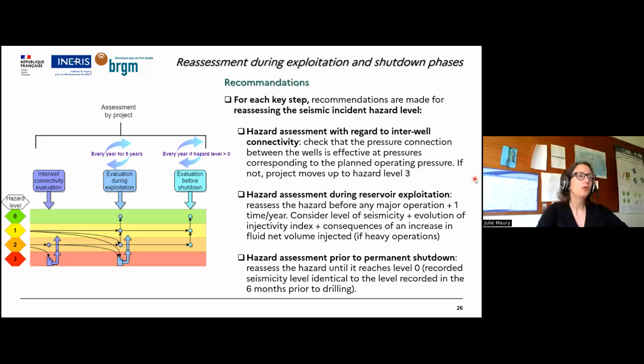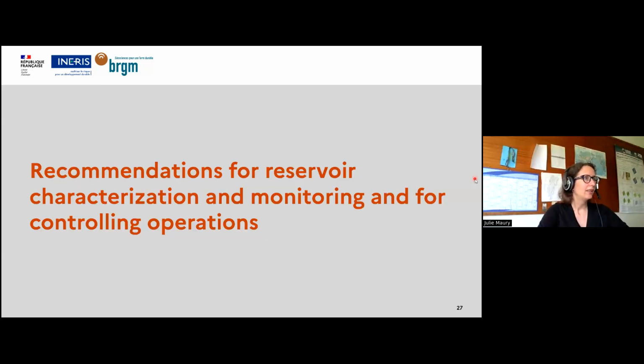And to do that, you need to consider the level of seismicity during exploitation and also the evolution of your injectivity index and productivity index. And finally, there is a last hazard assessment prior to permanent shutdown. And then you need to reassess the hazard until it reaches level 0. And when it does, it is when the recorded seismicity level is identical to the level recorded in the 6 months prior to drilling. So that's it for our logic tree. Next.